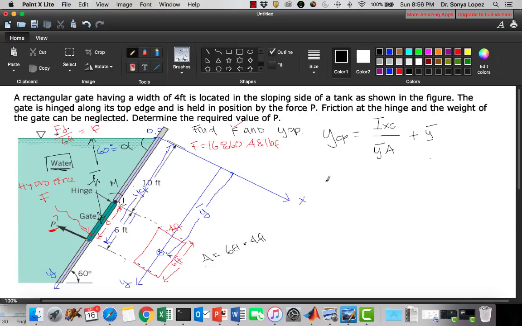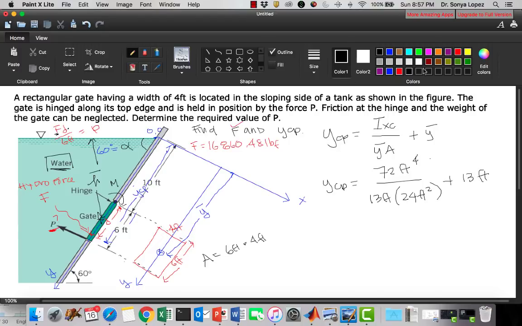So if we plug that into our equation, YCP is equal to 72 feet to the 4th divided by y bar, which again, y bar is going to be 13 feet, multiplied by the area, which is 24 feet squared, plus 13 feet, okay?